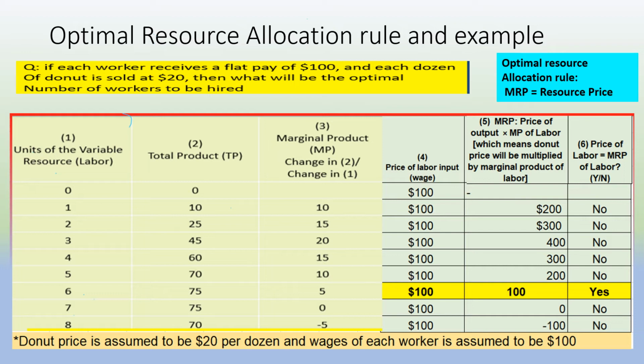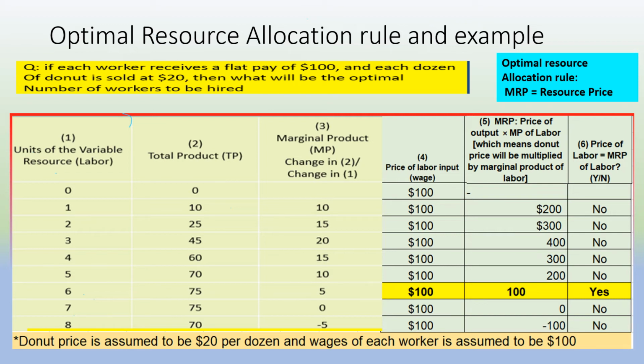With that sixth worker, marginal product is 5 dozens, and therefore marginal revenue product will be $100, because 5 dozen times each dozen's selling price of $20, so 20 times 5 is 100. So here we see that the wages paid for the sixth worker and the marginal revenue product of the sixth worker are equal, both are 100. So in this case, the optimal hiring will be 6 workers.